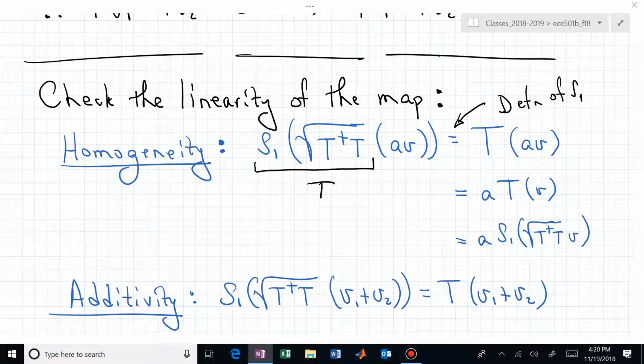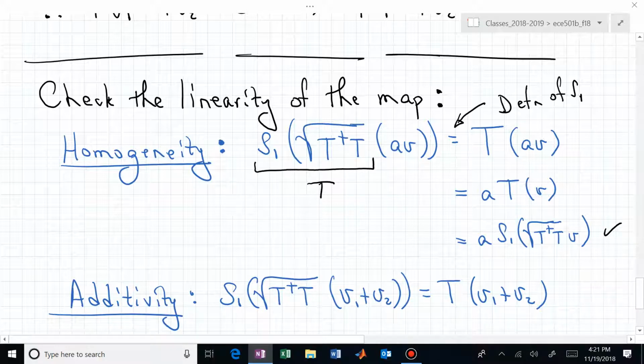But T is a linear operator, so we can pull that scalar a outside of T, and again using the definition of S1, that's equal to a times S1 operating on the square root of T dagger T on v. Looking at the first expression and the last expression allows us to say that homogeneity is satisfied.